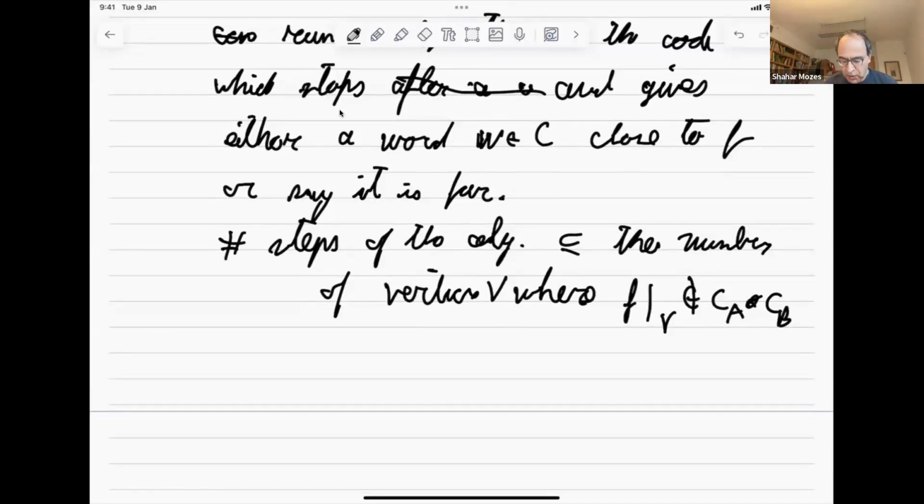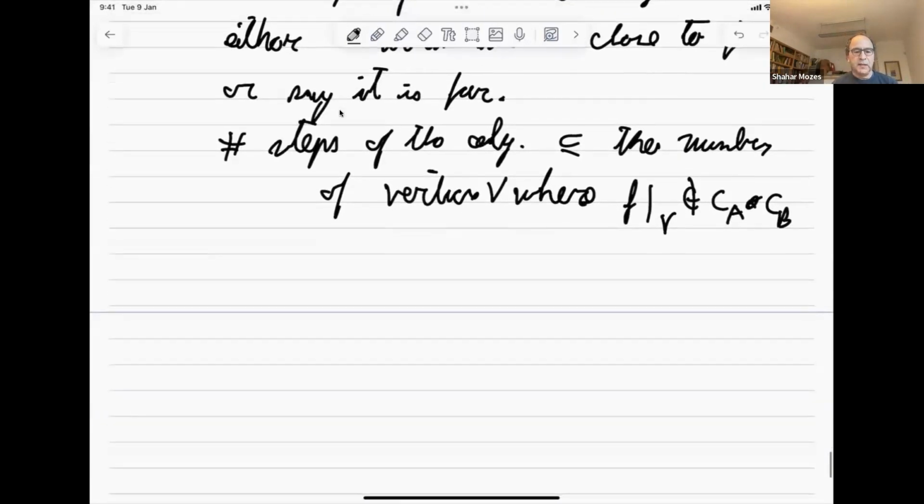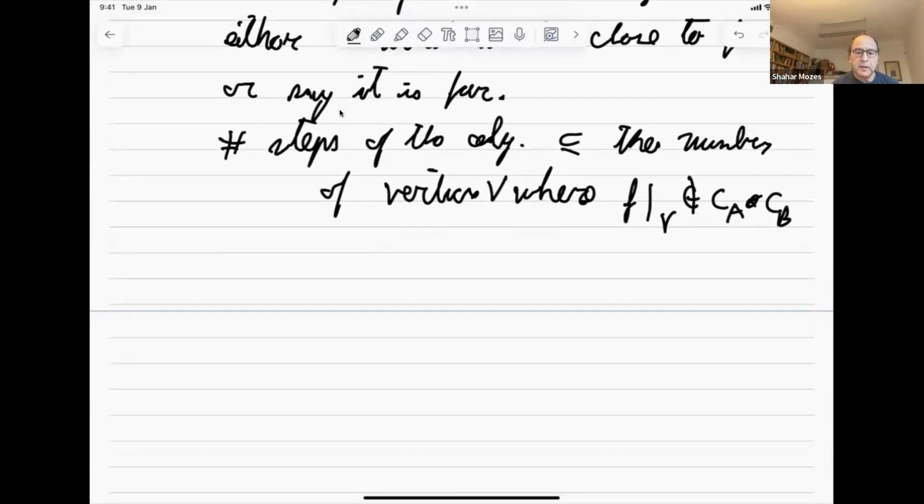Okay, so now you're going to have an algorithm which stops, and it either gives you a word and says close, or it says it's far. The point is the following.